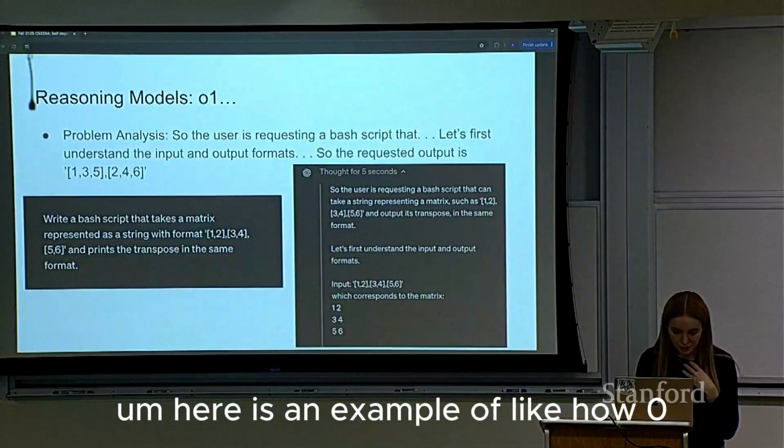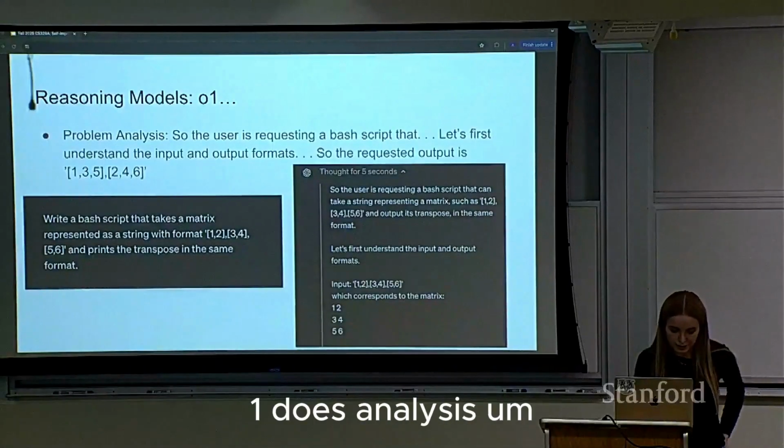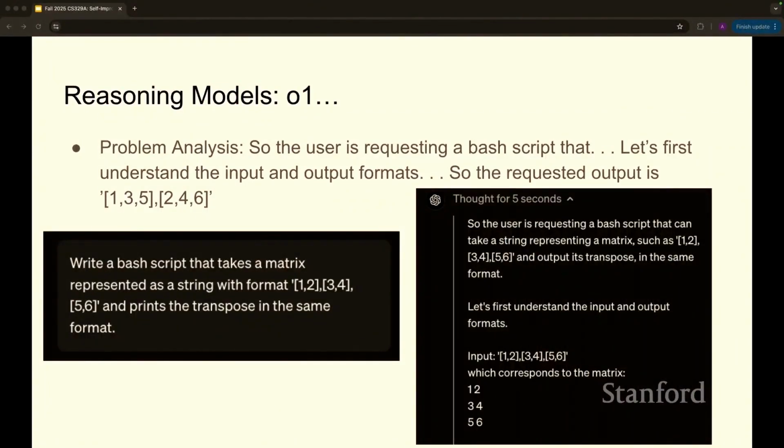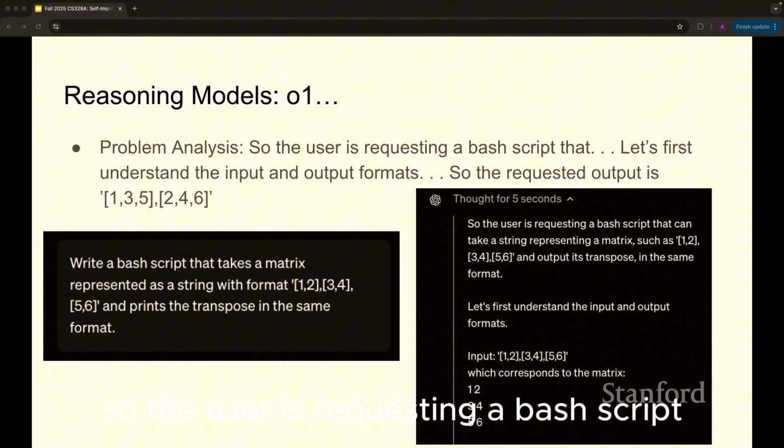Here is an example of how O1 does analysis. The model is asked to write a bash script that takes a matrix and then outputs the transpose of that matrix. And the model starts, just like humans, thinking: what are the important pieces here? So the user is requesting a bash script.